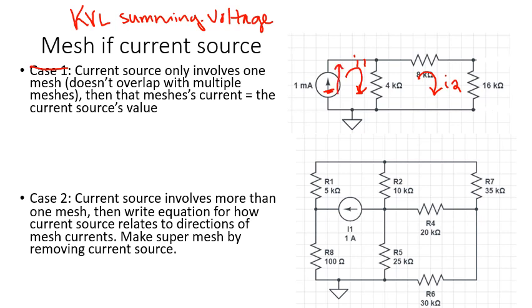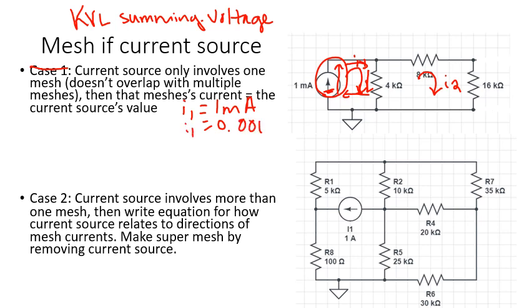Well, I1 was going clockwise, so it goes up in my leftmost branch, right at the top, down through my rightmost branch, and then left through my bottom branch. Since my current source is also going up in that same branch, it's in the same direction as I1. So I can write that my mesh current I1 is just equal to 1 milliamp. Remember, milli is 0.001.